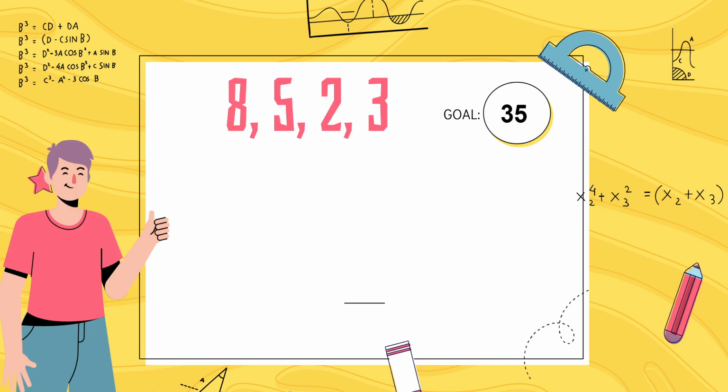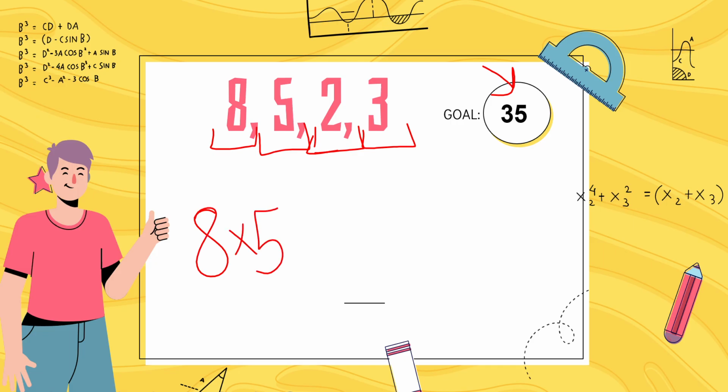Now we have this one. We have to use 8, 5, 2, and 3 so that we can get 35 in the end. 8 times 5, 40. Oh. 8 times 5, 40.